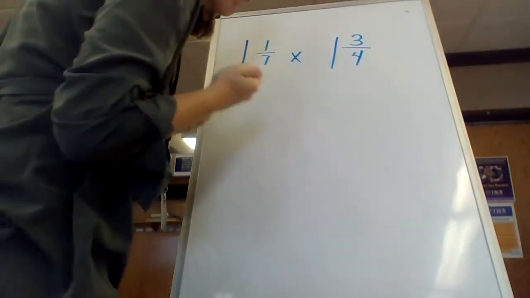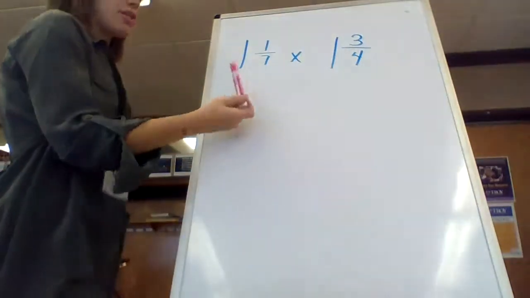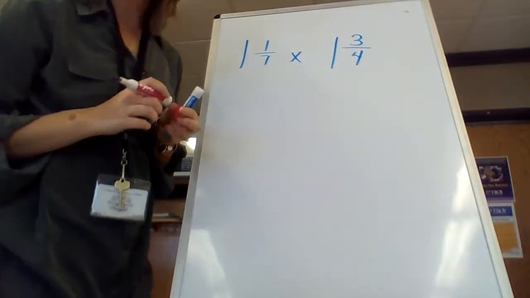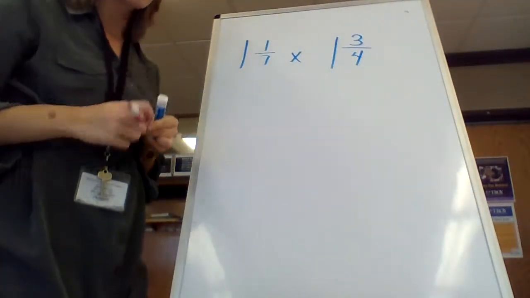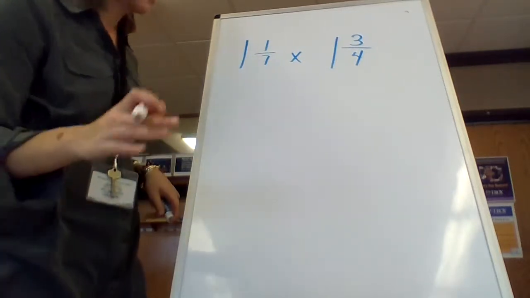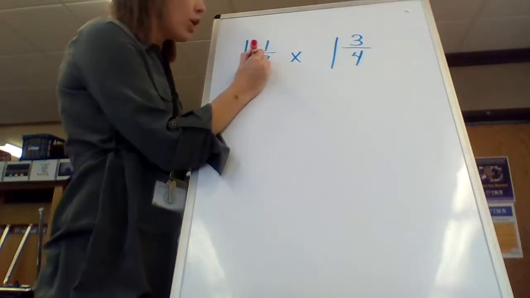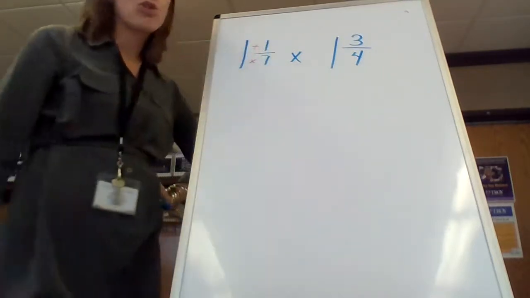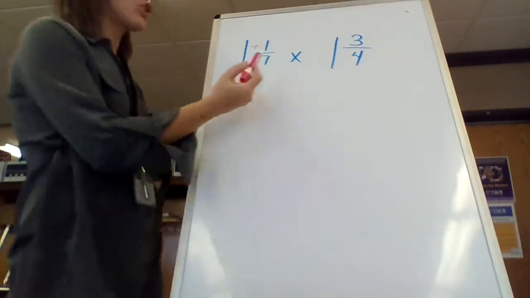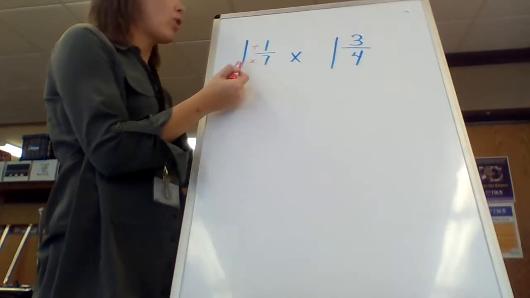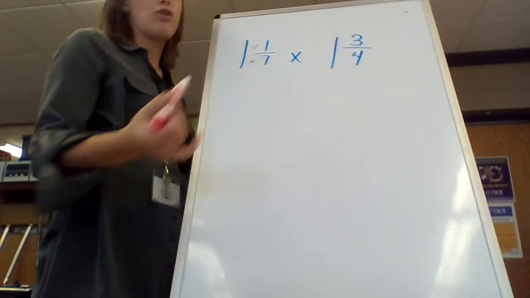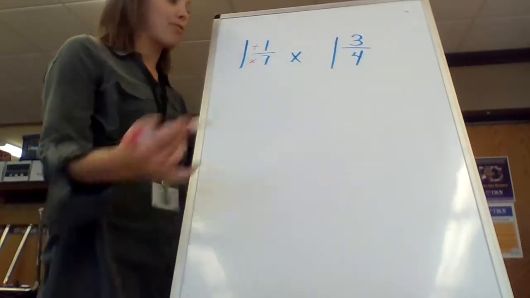All right, so I'm first going to change these two mixed numbers into improper fractions. This step you're all really good at. You're really proficient with this skill. So you know that in order to turn this into an improper fraction, we'll multiply the denominator by the whole number. Then we'll add the numerator to get our improper fraction.